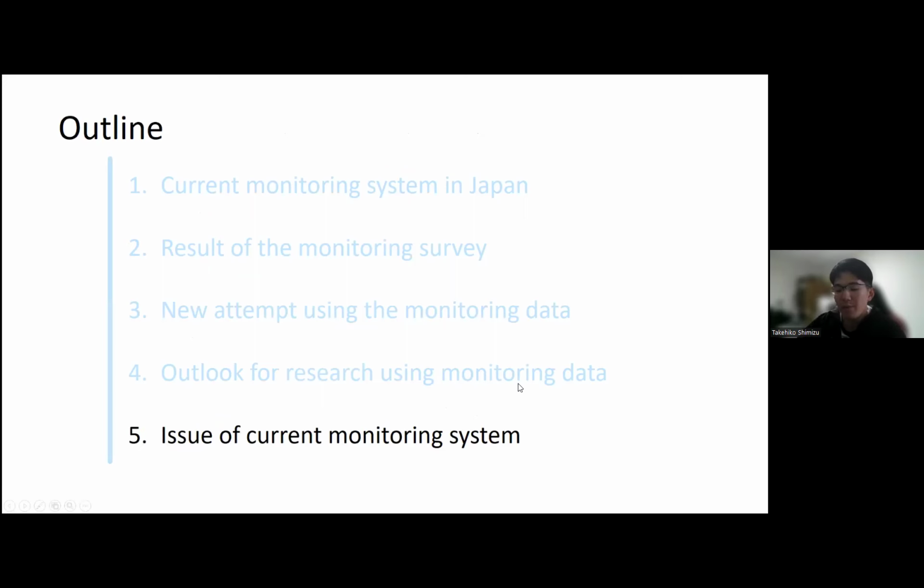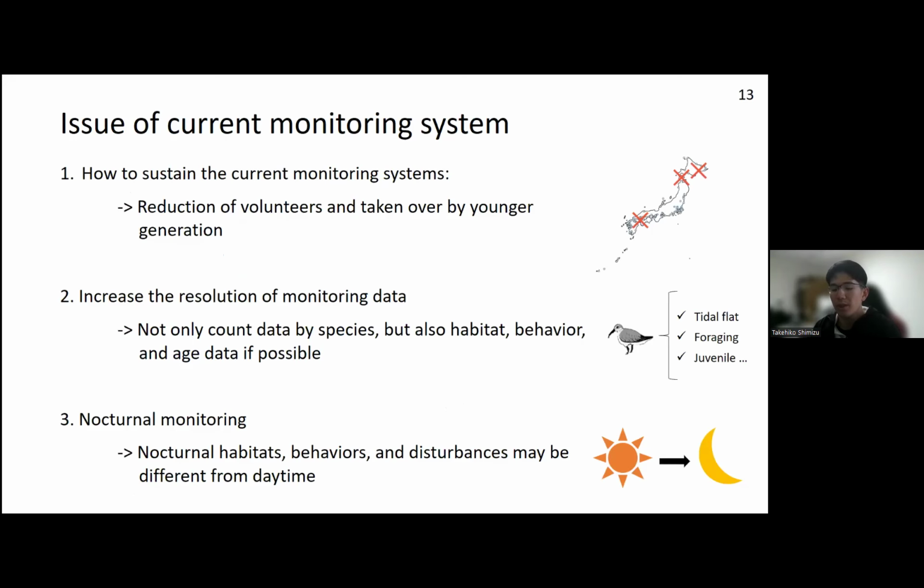So finally, I'm talking about the issues of current monitoring systems, but this is not research. Monitoring surveys have greatly contributed to past and current conservation. However, there are several points to be reviewed. Firstly, we should think about how to sustain the current monitoring system at least.